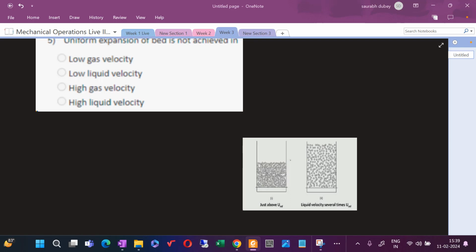So this is bubbly fluidization because of the gas. Sometimes gas and liquid both are used, and based on that, the condition for fluidization and the characteristics of the fluidization can be predicted.